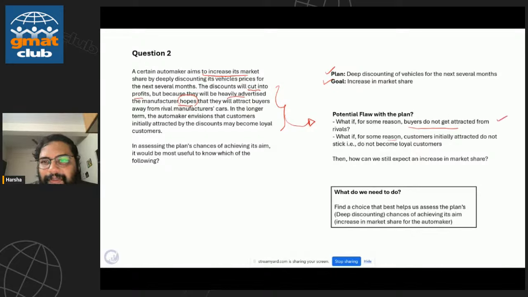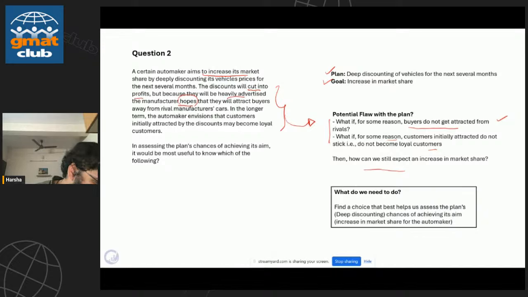What if, even if buyers got initially attracted, they are so price sensitive that at the drop of a hat they will move to somebody else who offers a cheaper product? In other words, these guys cannot be expected to be loyal, because then also the plan would fail. So, given such scenarios, how could we still expect an increase in market share? These are the potential flaws.